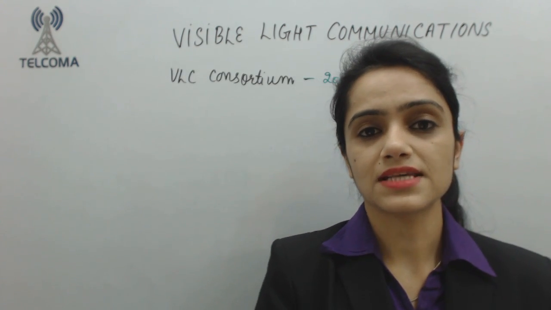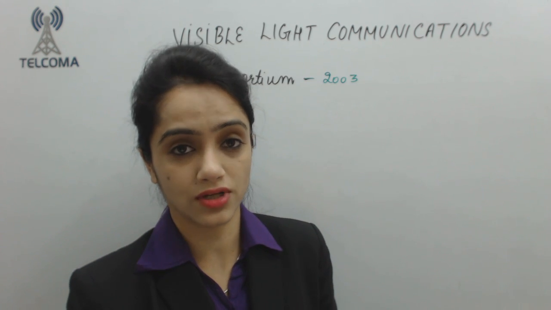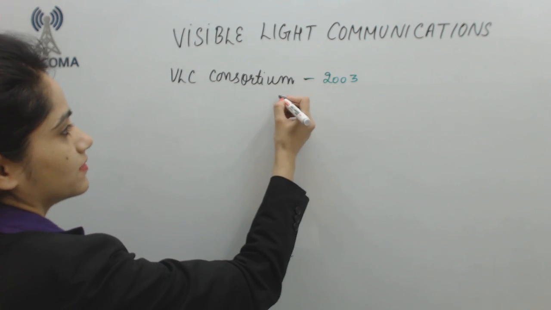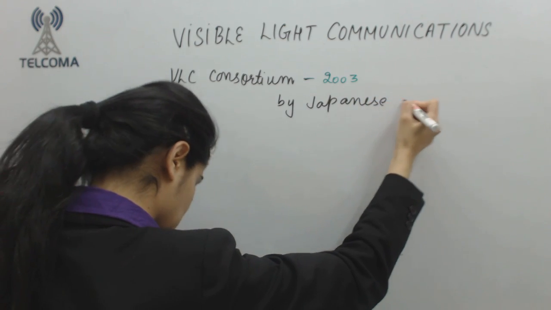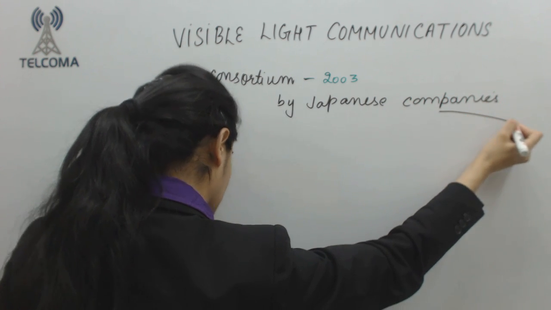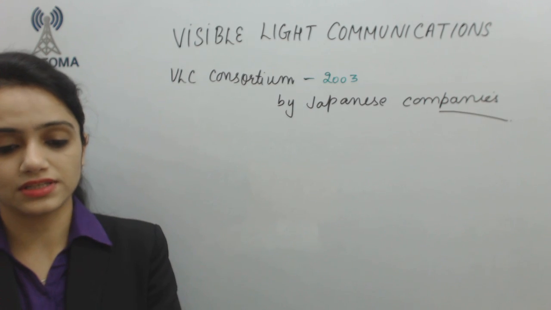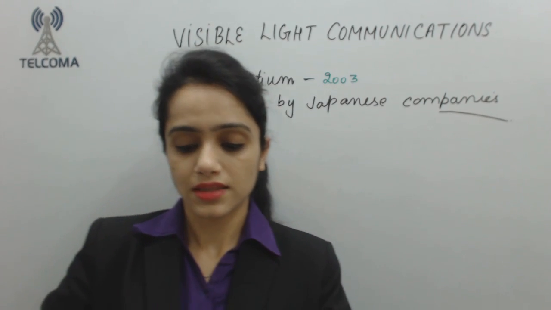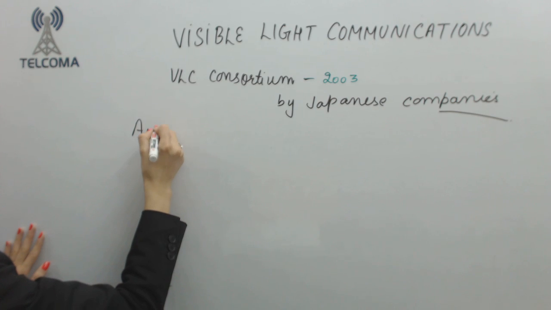The Japanese companies decided to use visible light communication, so they made a consortium for this. Why? Because they needed to standardize visible light communication technologies.